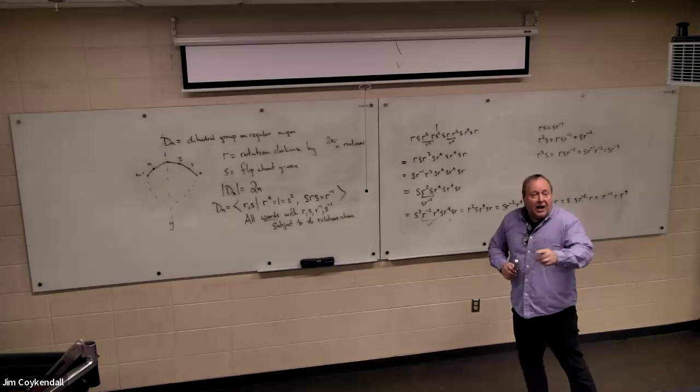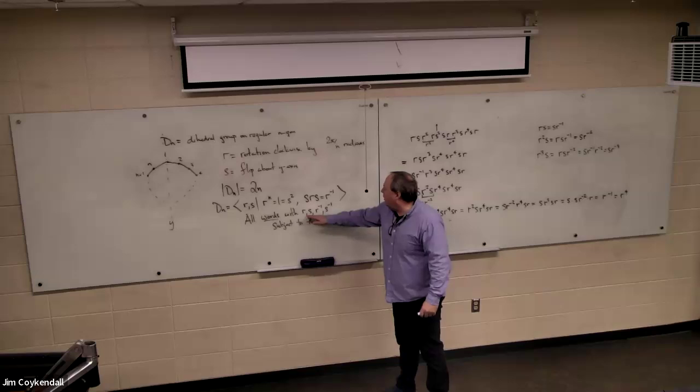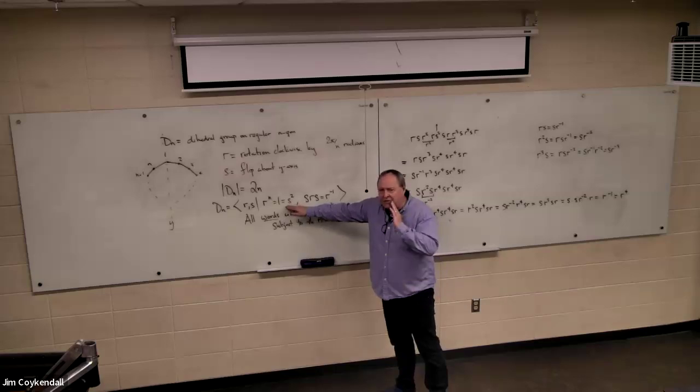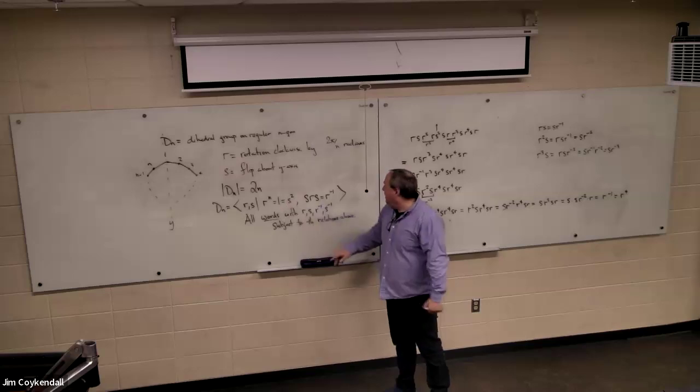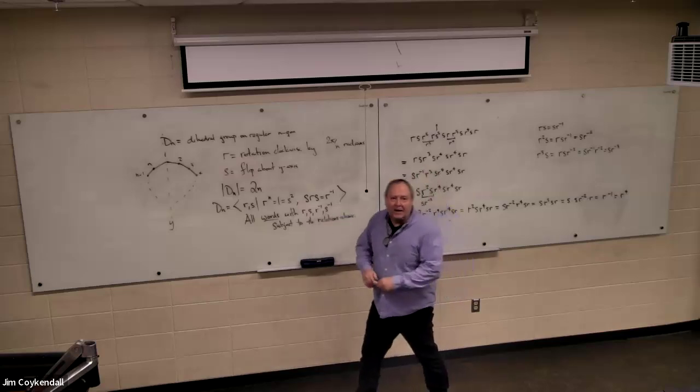And in this case, you don't really need S inverse because it is the same as S. But you should start off assuming that you need all of these, right? And then this constraint right here says, hey, I don't need S inverse because S inverse and S are the same thing. By the same token, for example, for the pentagon one, you don't need R inverse because you've got R4, right? So it's the same kind of idea.